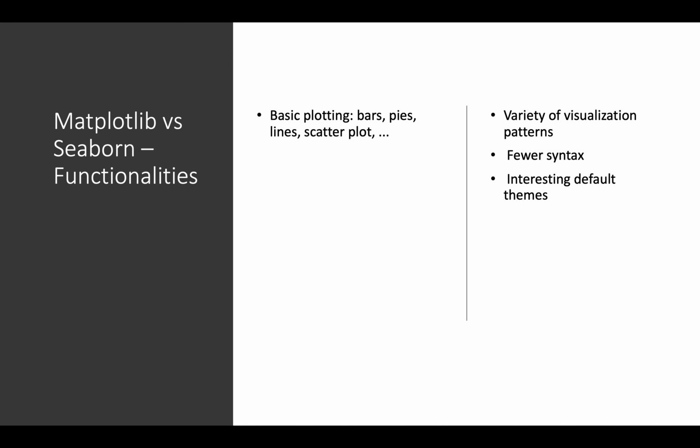It also uses fewer syntax and has easily interesting default themes. It specializes in statistical visualization, and it is used if one has to summarize data in visualization or show the distribution of the data.